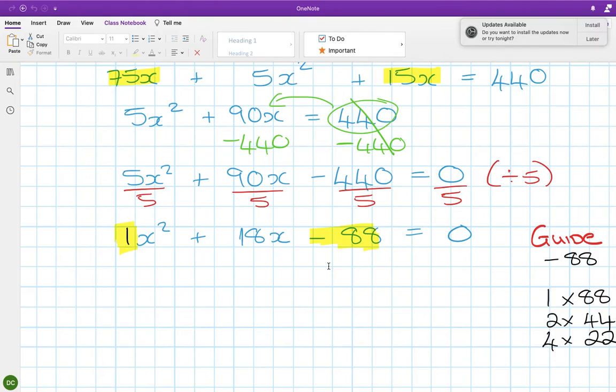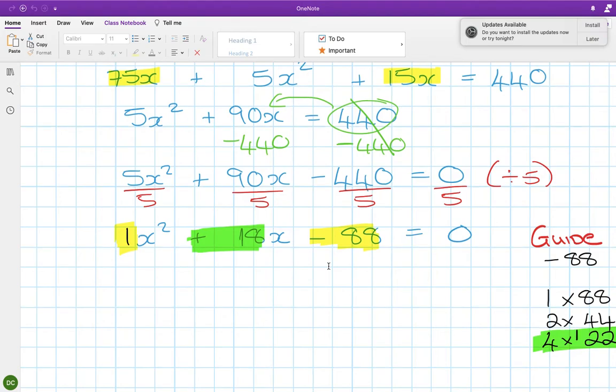So I need the factors that are going to give me the middle number. So the middle number is plus 18. And if you look here, if I use plus 22 and minus 4, I get plus 18. So you rewrite this part, but you expand the middle bit.